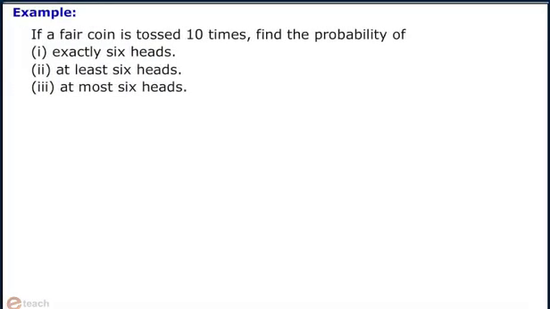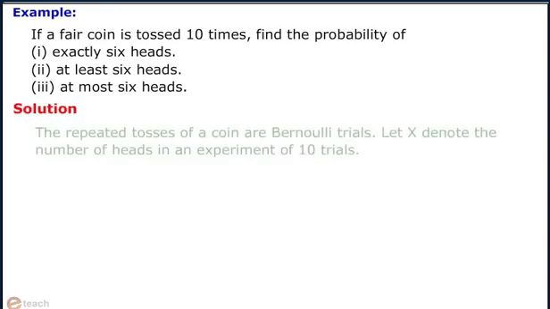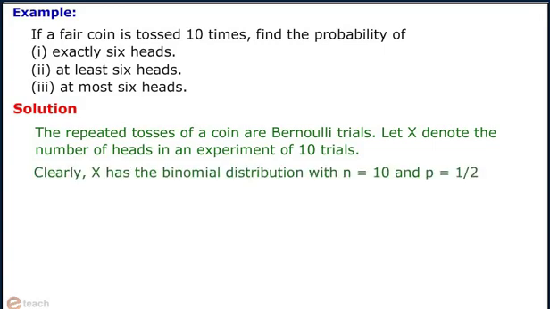Example: if a fair coin is tossed 10 times, then find the probability of number 1, exactly 6 heads, number 2, at least 6 heads, number 3, at most 6 heads. Solution: the repeated tosses of a coin are Bernoulli trials. Let X denote the number of heads in an experiment of 10 trials. Clearly, X has the binomial distribution with n equal to 10 and p equal to half.